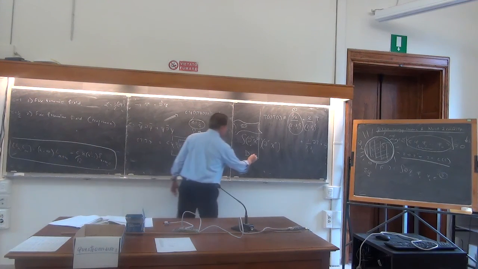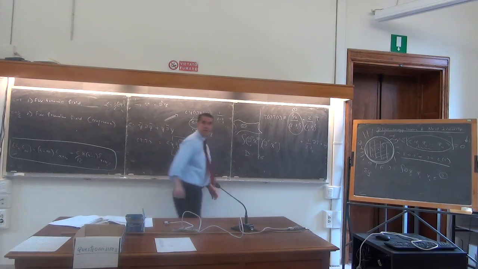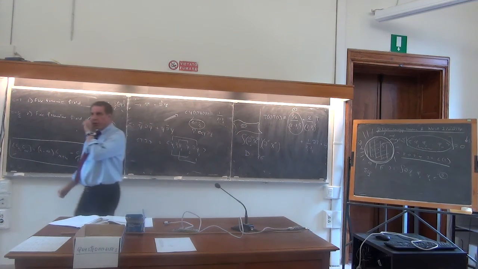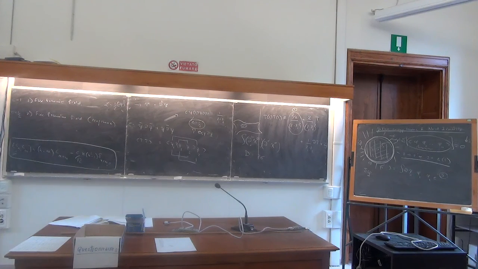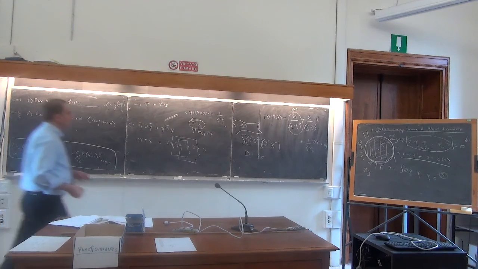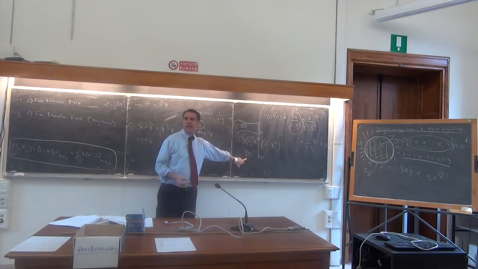How much is it? 26. And if you don't want any anomaly, the total central charge has to be 0, indeed. If the central charge is 0, you have no anomaly. Therefore, for the string, requiring no anomaly fixes the dimension of your space-time to be 26.